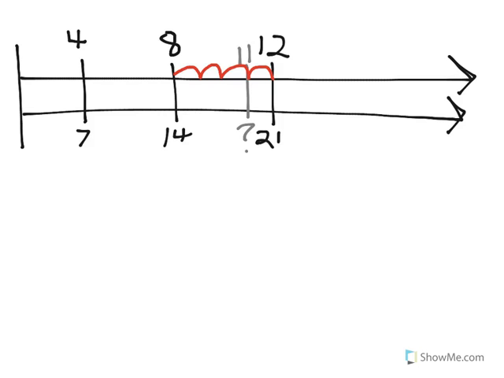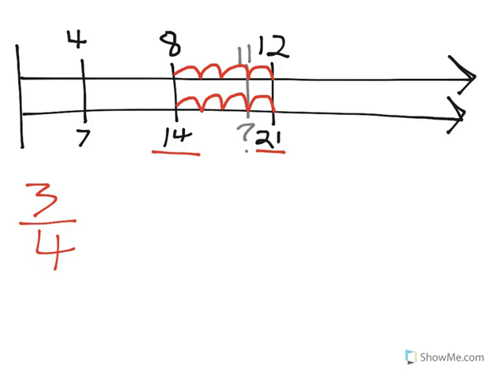That's important because if 11 is 3/4 of the way between 8 and 12, then the other number we're trying to find is also going to be 3/4 of the way between the numbers that are equivalent to 8 and 12 for their respective ratios. So what is 3/4 of the way between 14 and 21?